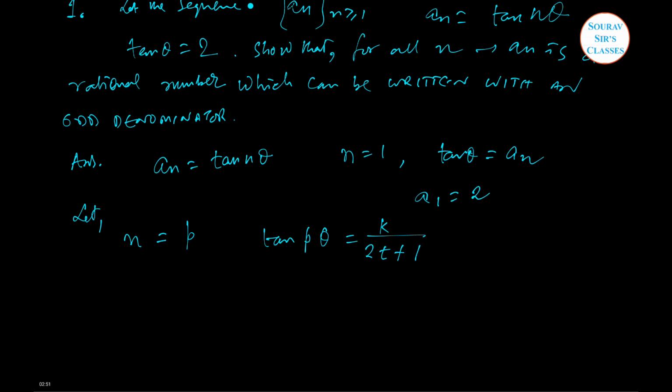Then it's a rational number with an odd denominator, a very basic structure, where t is any number 1, 2, 3 and so on. So 2t plus 1 is odd. This holds when p equal to 1.